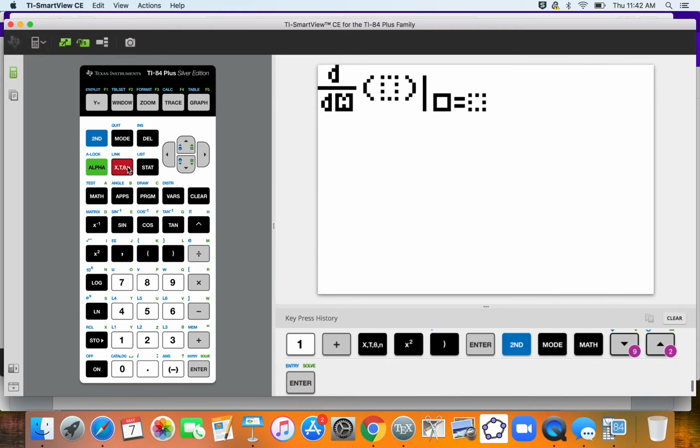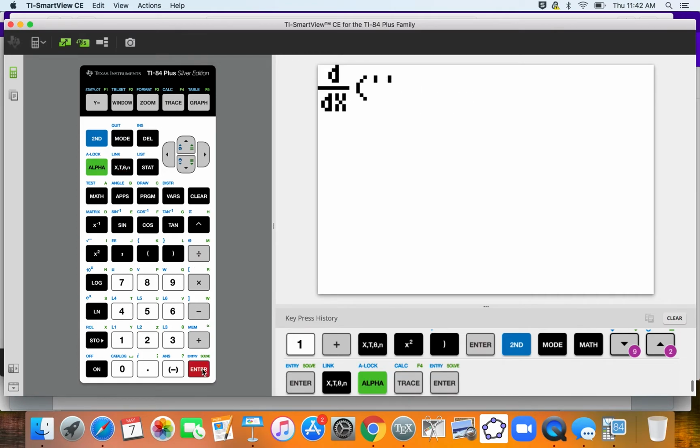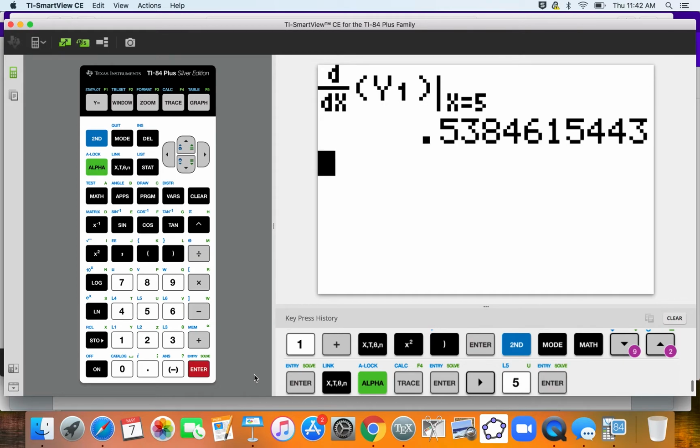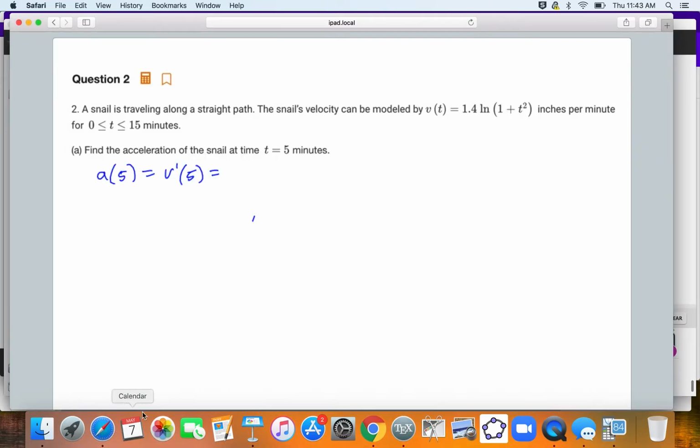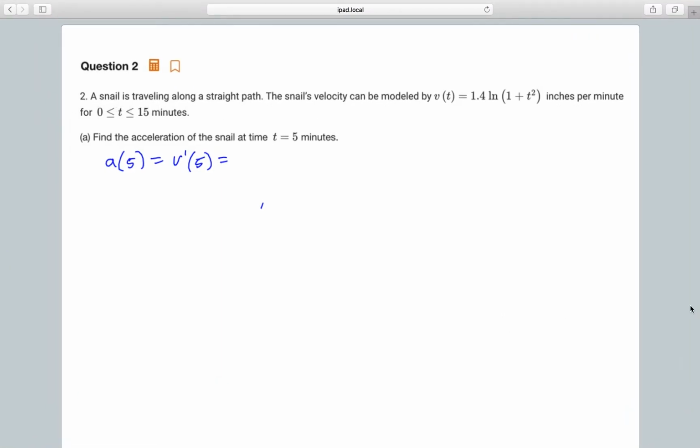I'm going to say d dx of y1, and I want that at x equals 5. So there we go. My acceleration is 0.538, and then we need the units. Inches per minute squared.